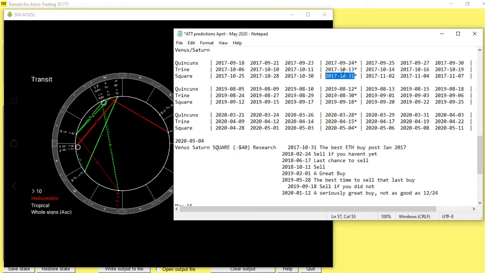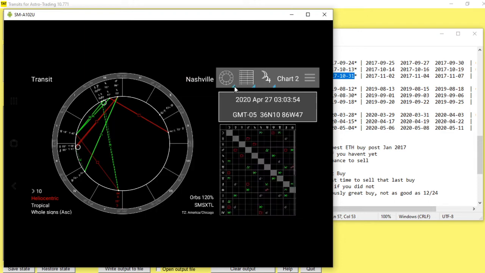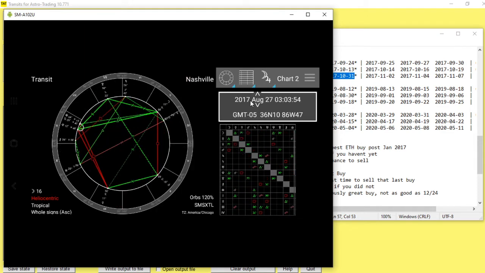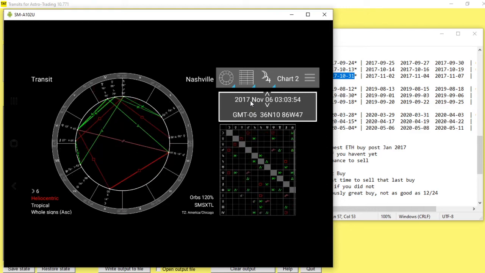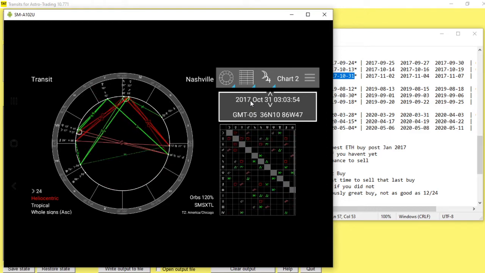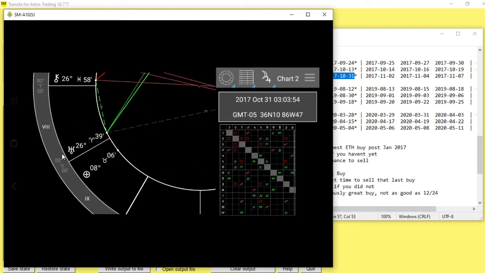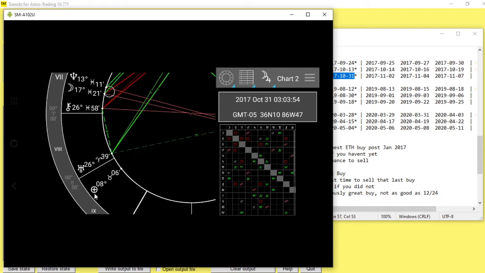Okay, so we're going to look at this one first, actually, because it's more interesting. So 2017 1031. Cool. On this day, so this is a while ago, things are different. Uranus was still in Aries, and the Earth was in Taurus.